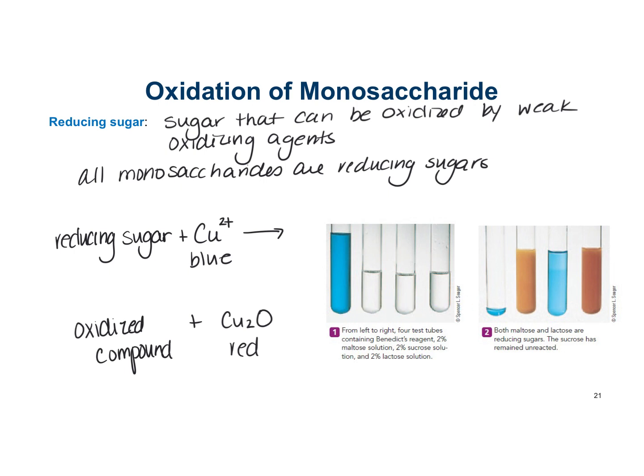So we've got 4 test tubes, and this is Benedict's solution, and then this is maltose, which is a monosaccharide. So we have a monosaccharide there. We've got sucrose, which is a disaccharide, and then we have another monosaccharide here. And you can see when the Benedict solution is added that both the monosaccharides, the maltose and the lactose, react, but the disaccharide doesn't. And so that means that disaccharide is not a reducing sugar, and it remains unreacted. So this is similar to what we saw before.